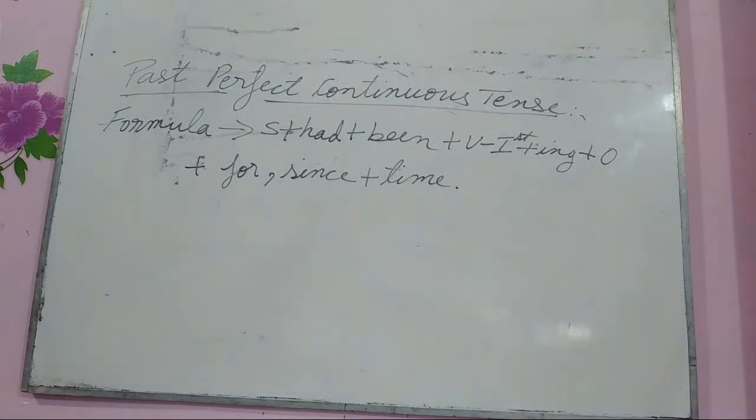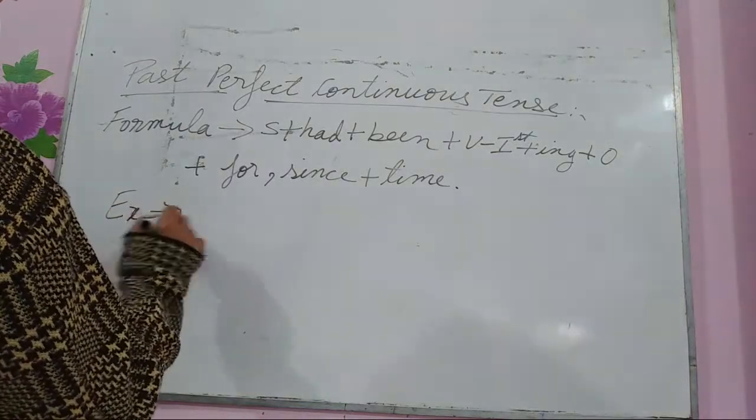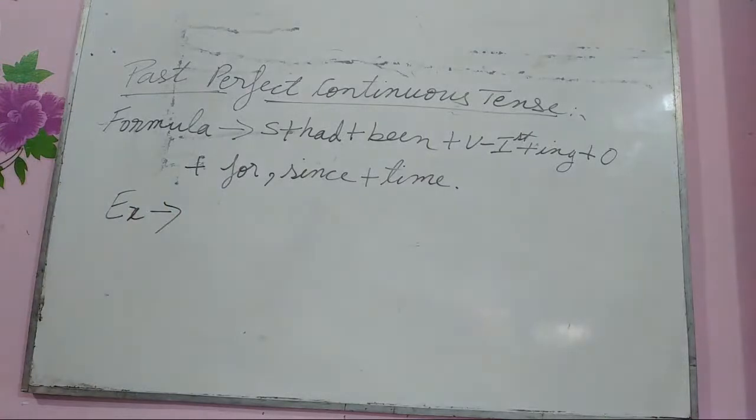So the formula for past perfect continuous tense is subject plus had plus been plus verb of first form plus ing plus object plus for or since plus time. Let's see the example of the past perfect continuous tense.